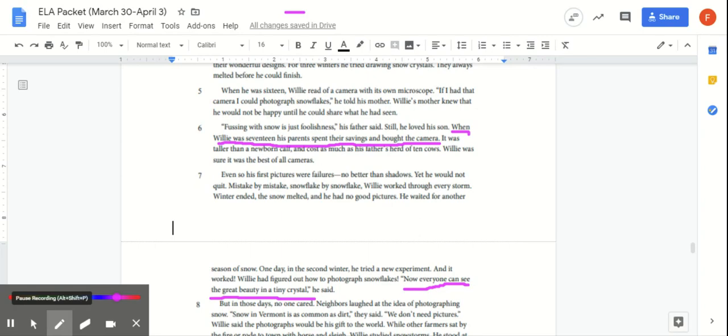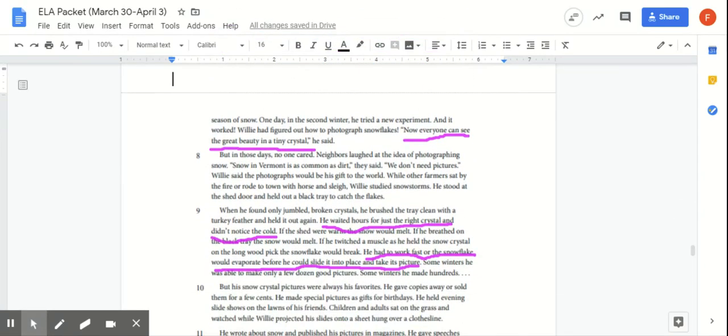When Willie was 17, his parents spent their savings and bought the camera. This shows that, even though his parents didn't agree with it, he was so determined that his parents spent their savings and bought the camera for him. So this shows that Willie would probably be willing to spend his own money.